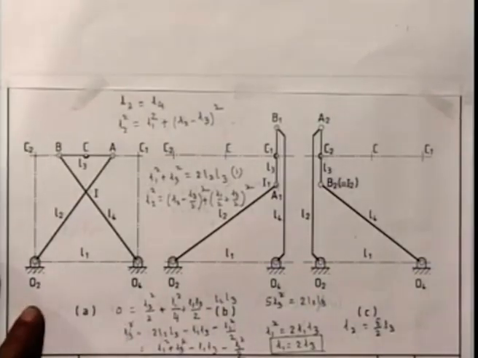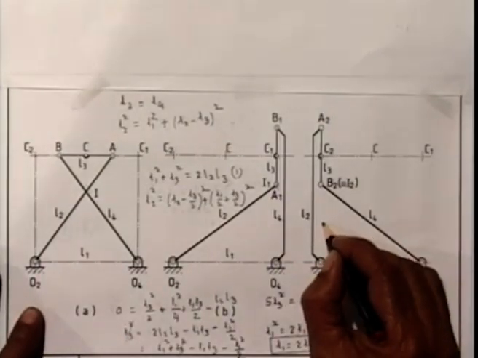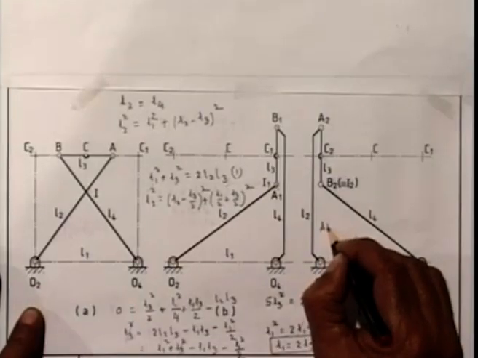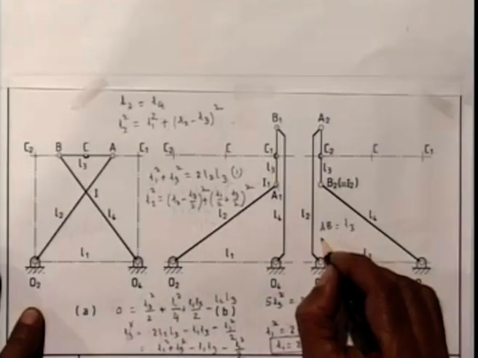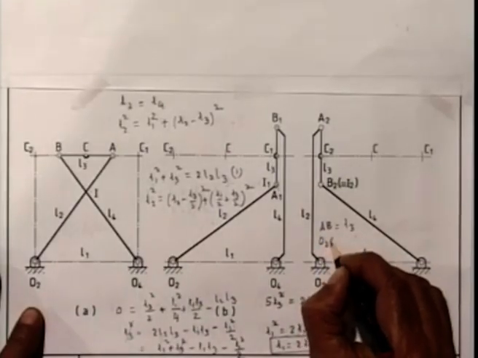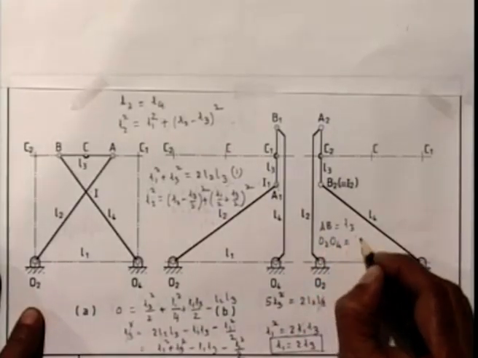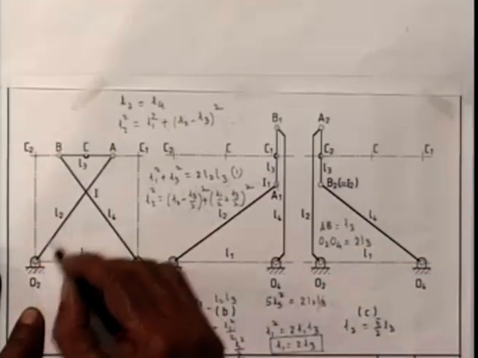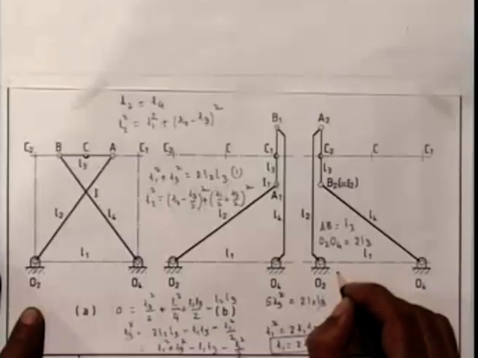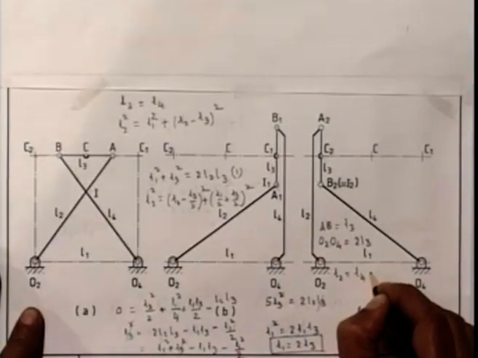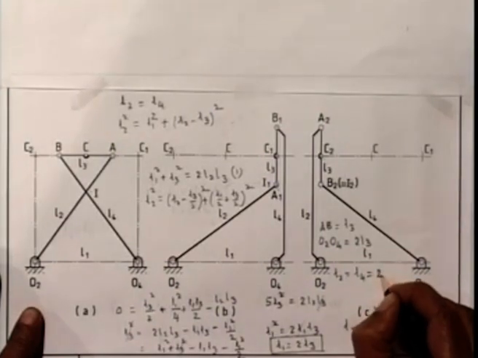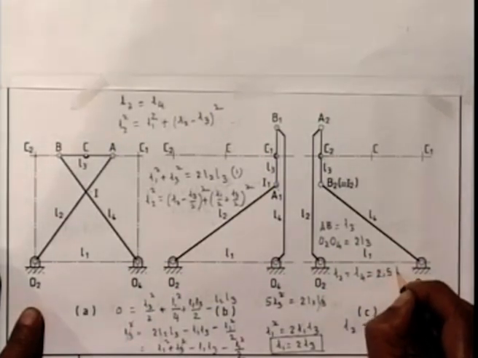So overall what we are getting, the coupler, the shortest link length AB, if I call L3, then O2O4, the fixed link length, is turning out to be 2L3, and O2A and O4B, which is L2, which is equal to L4, is 2.5 times L3.